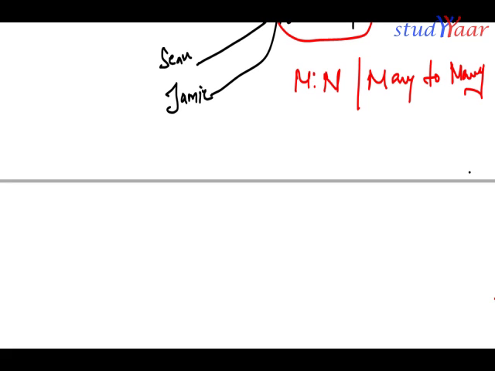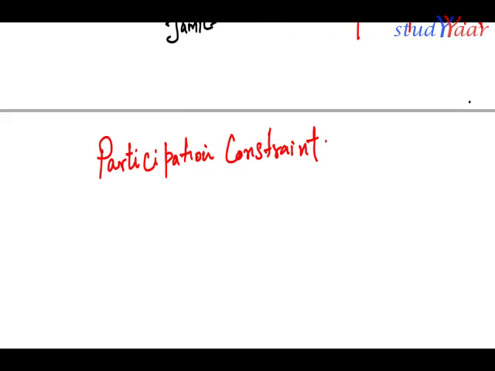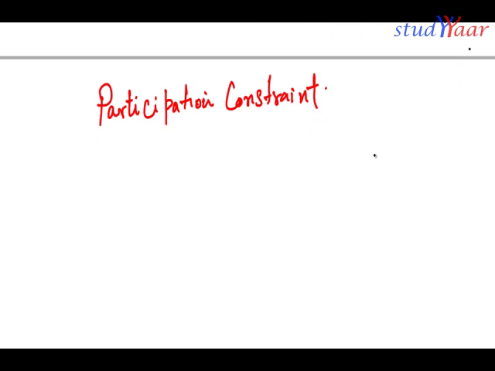Now the next constraint that we have is a participation constraint. Let's revisit our person owns pet example.